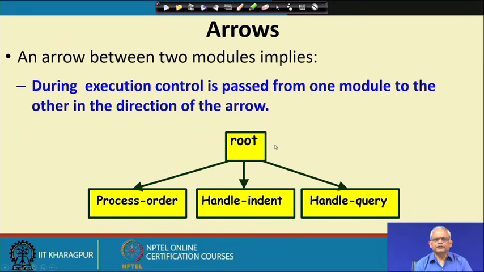The second element of a structure chart is the arrows. The arrow represents the invocation relation, that is, which module calls which module.